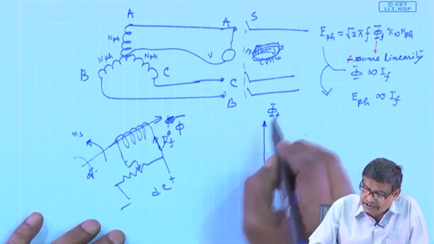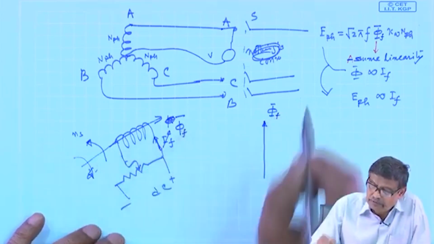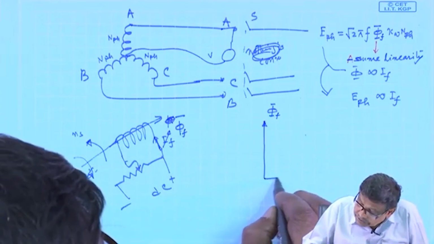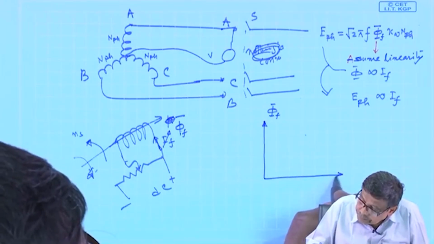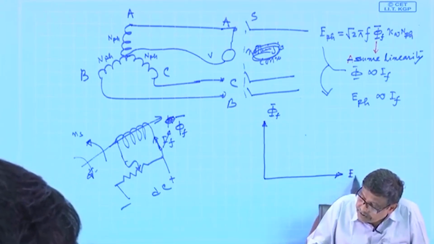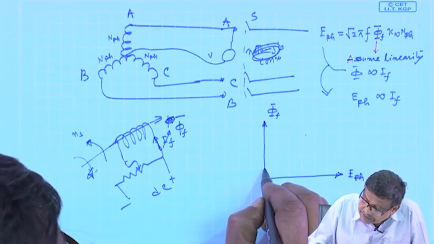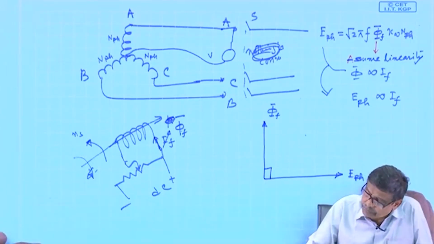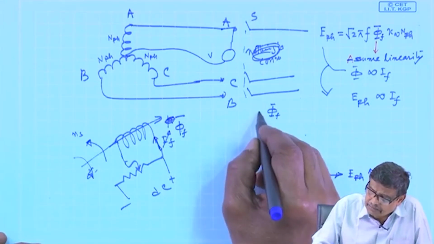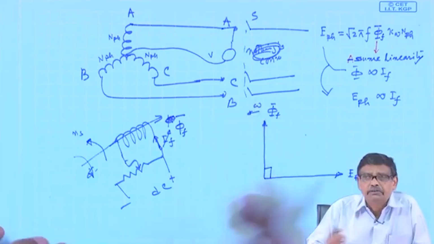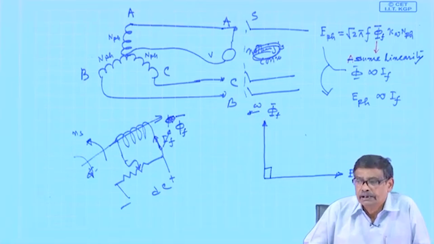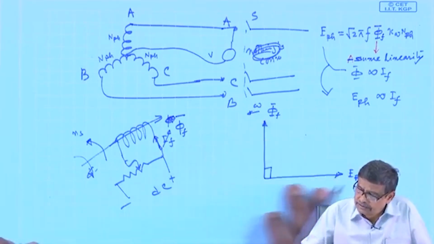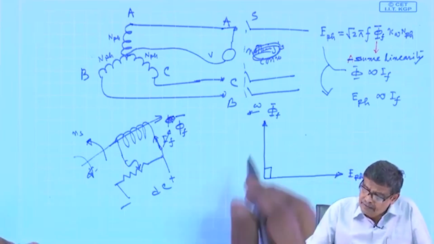I can write it phi F. This is phi F. And the induced voltage is here, E phase, and this angle is 90 degree. And both of them are moving with omega speed, because synchronous machine will only work when it runs with speed omega. So, these are time phasors.